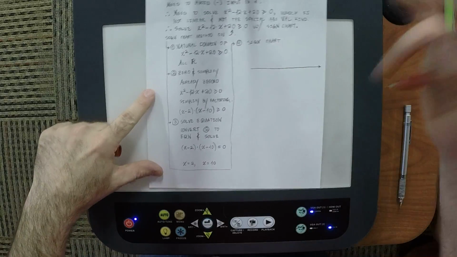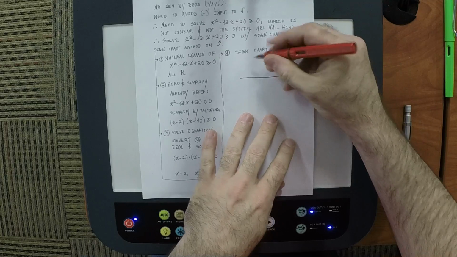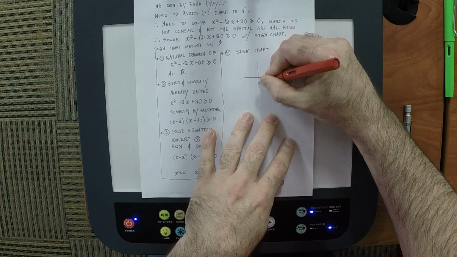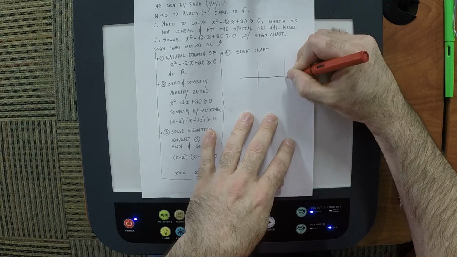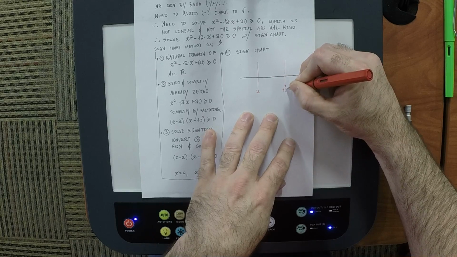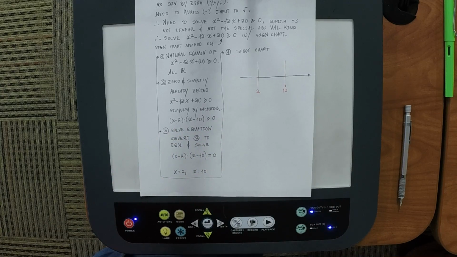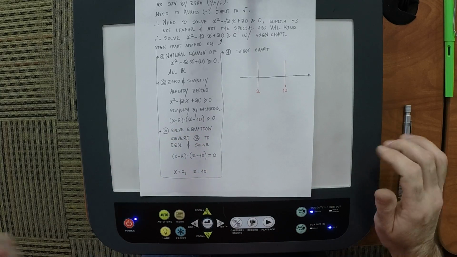So what I want you to remember is that we're going to plot some fence posts now. I'm going to plot 2 and 10. In this particular exercise, both of those came from step 3. In a previous exercise, one of them came from step 1, and one of them came from step 2.